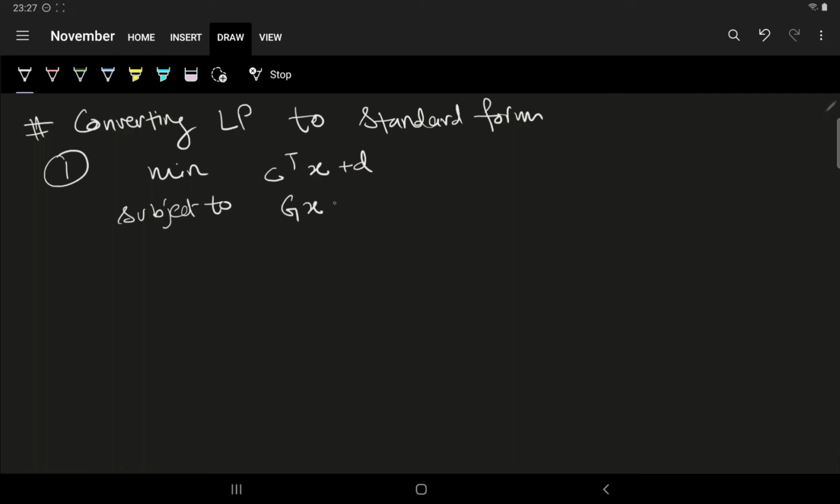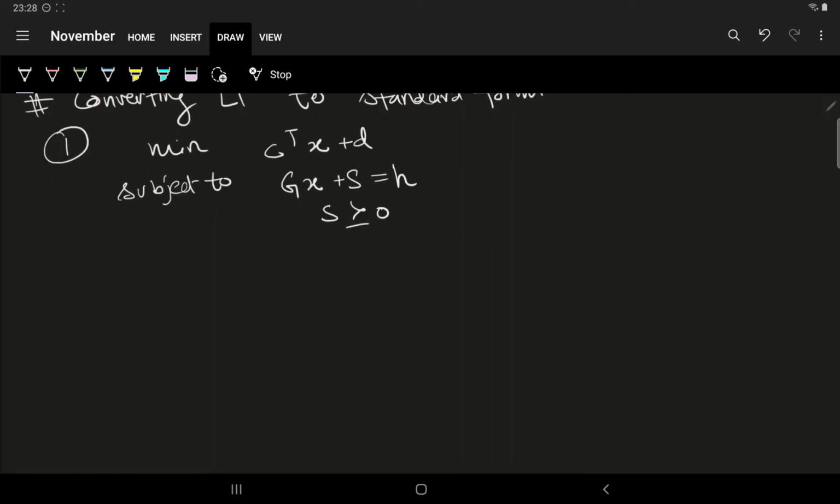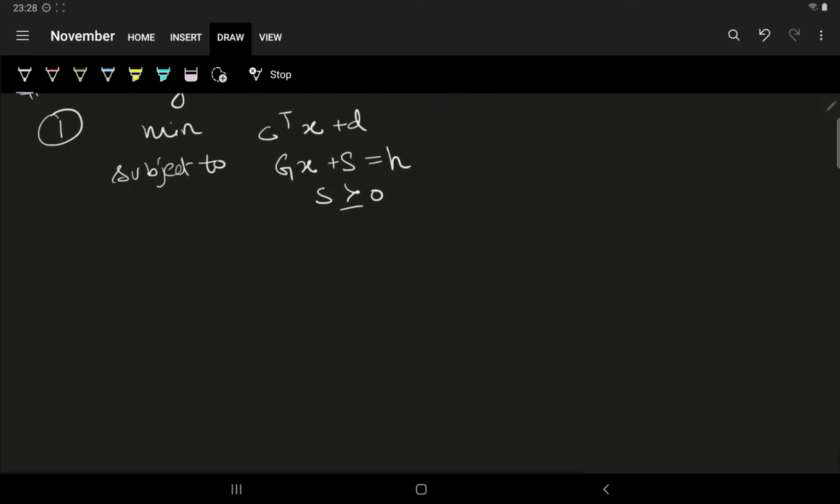We introduce the slack variable s such that Gx plus s is equal to h, and then we write s is component wise non-negative, and Ax equals b.